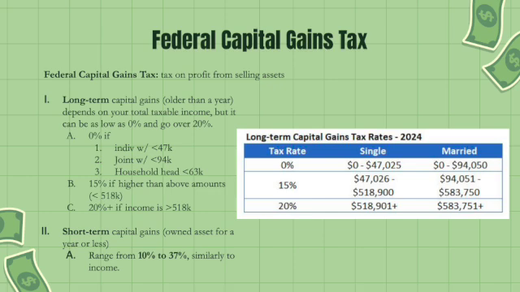These vary because generally people who are the head of a household need to have more money to carry their family. And then people that make more money will get taxed upwards of 20 or more percent. And for short-term, this ranges from 10 to 37%.